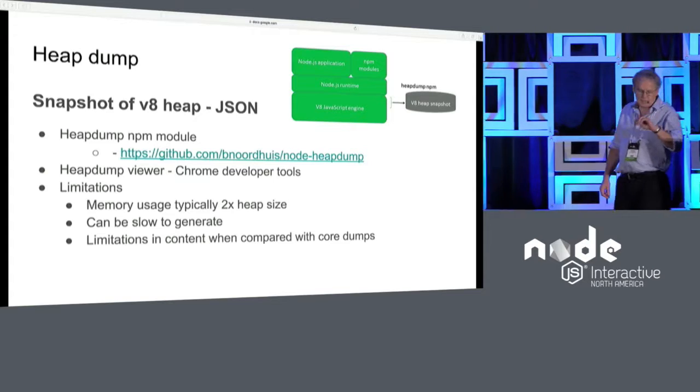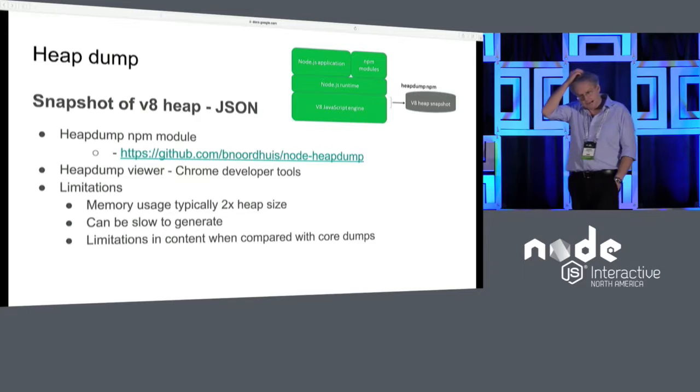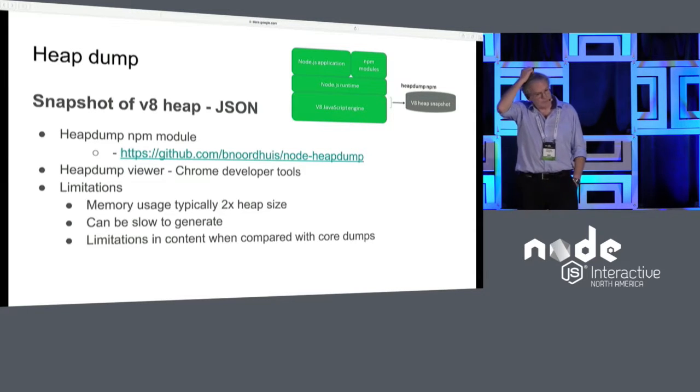I'm just going to switch now quickly to heap dump, because as I say, that shows us the way in which we have a nice tooling story. And there's a very popular npm module written by Ben Noordhuis, and it's a very commonly used tool. It gives you a snapshot of the heap in JSON format.